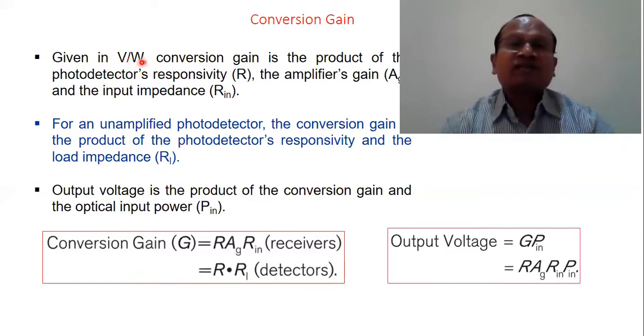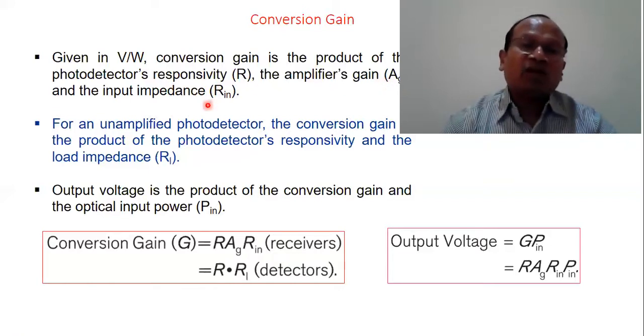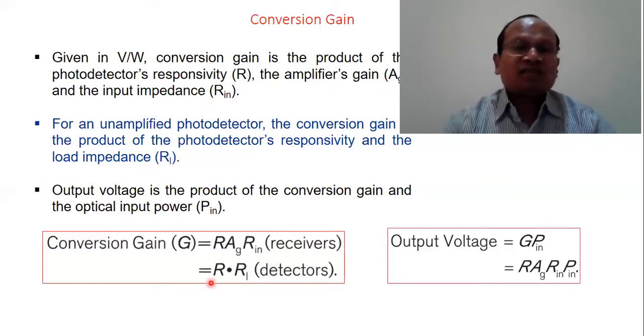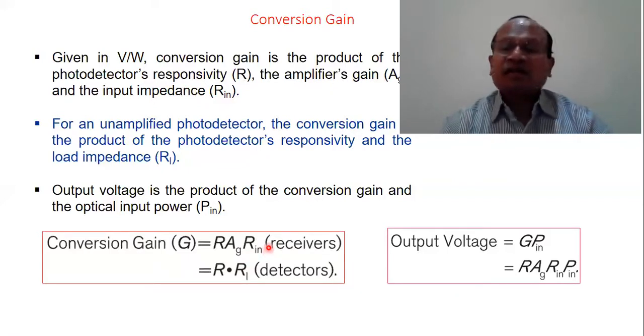So conversion gain is generally written as the product of the photodetector's responsivity, amplifier gain, and the input impedance. Can you see here, the conversion gain is equal to responsivity multiplied by the amplifier's gain multiplied by the input impedance of the receiver.